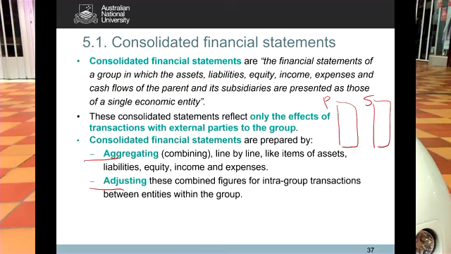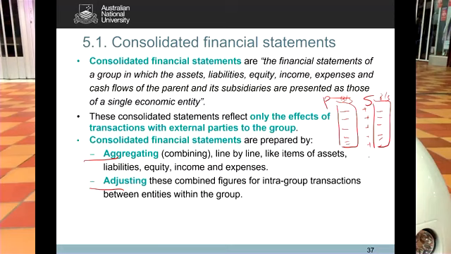Anyway, we have one parent, one subsidiary over here. Then we combine them. Let's say this is the balance sheet. We have assets here, assets here, liabilities here. What we do is simply add them up line by line.